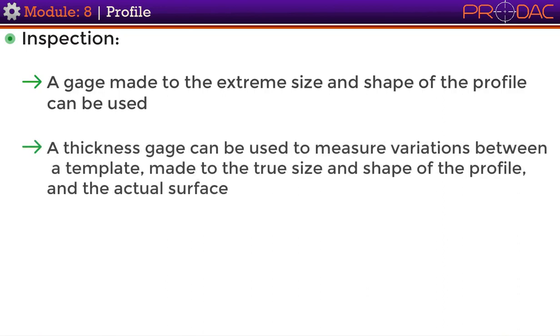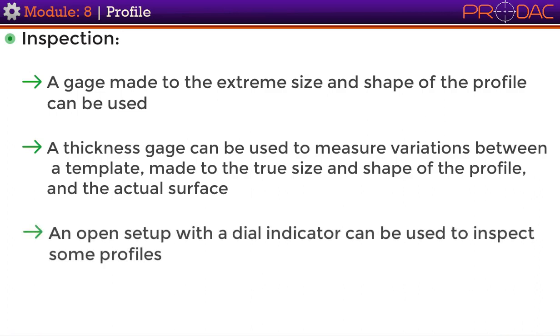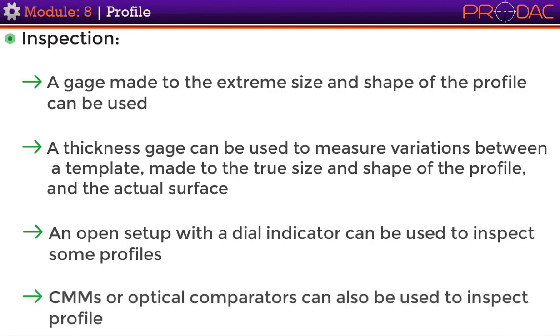A thickness gauge can be used to measure variations between a template made to the true size and shape of the profile and the actual surface. An open setup with a dial indicator can be used to inspect some profiles. CMMs or optical comparators can also be used to inspect profile.